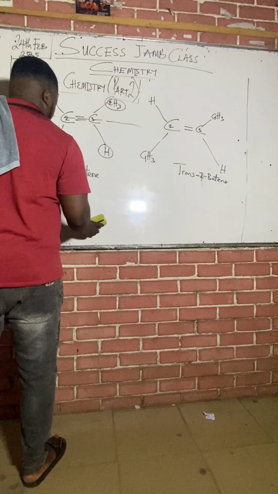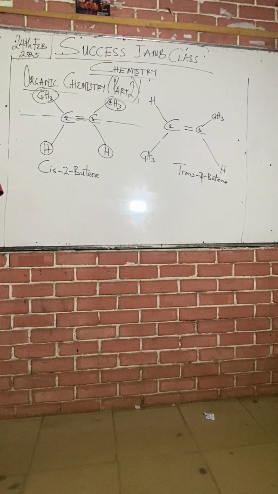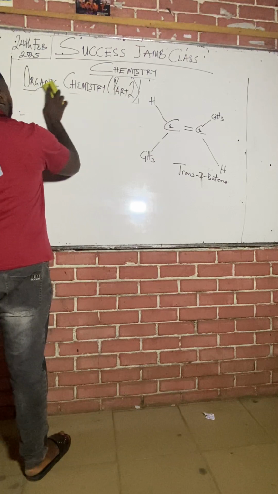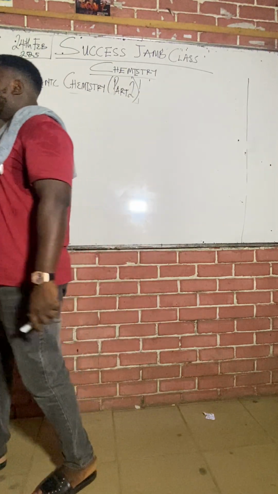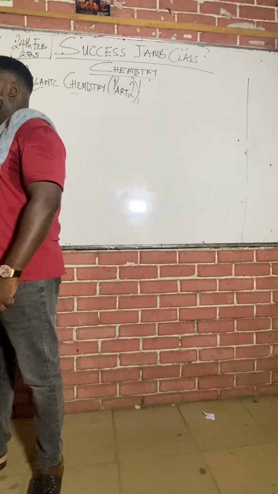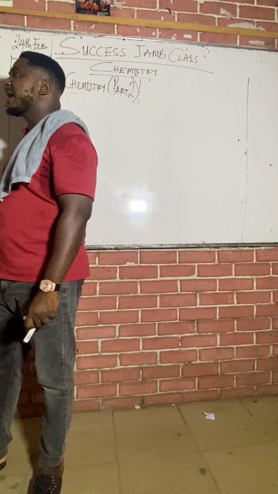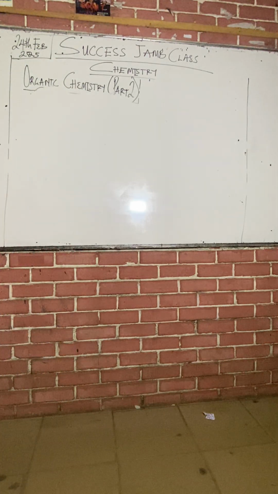Functional groups are groups of atoms or ions that determine the chemical identity of an organic compound and also determine what? How the organic compound will react.